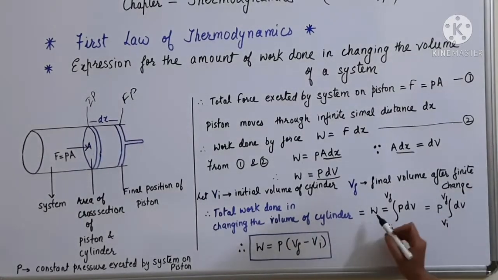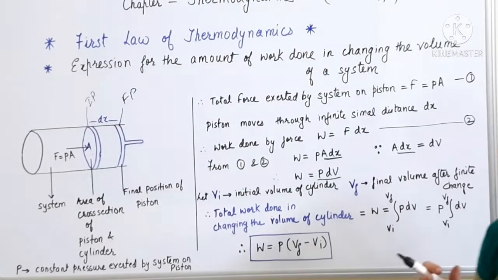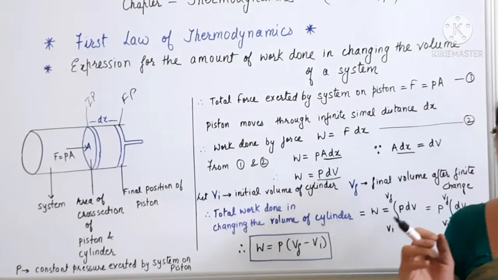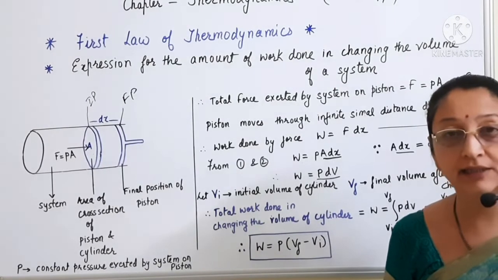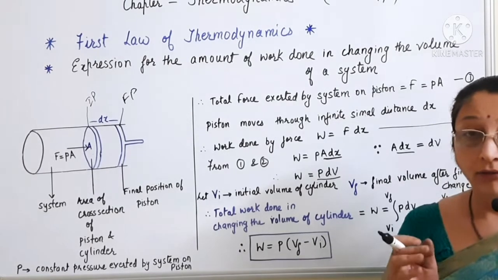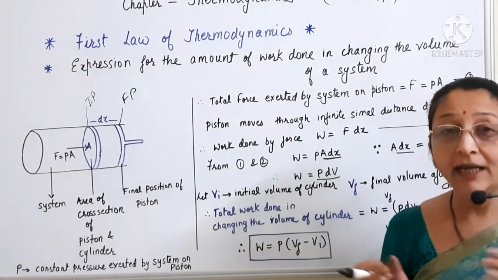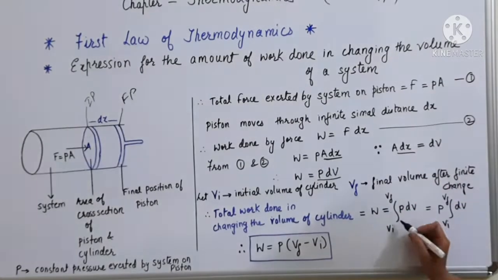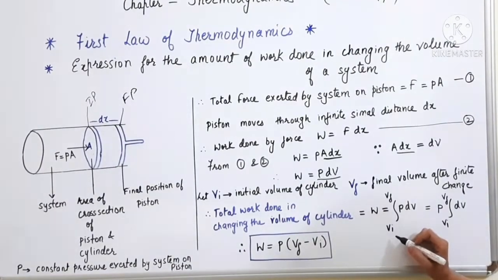So the total work done in changing the volume of the cylinder, W, is the integral. We take the integration, because we are using mathematics for solving the problems of physics. For every short work done, we are adding all the work done, so we are integrating. So W is equal to, from VI, where has the volume changed from?